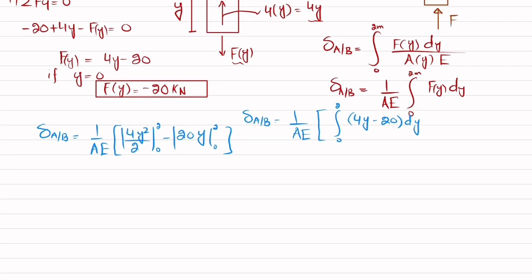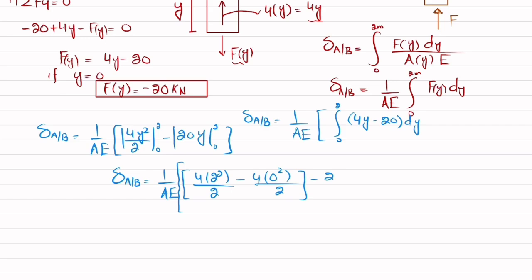Okay. So if you further simplify, the displacement of point A with respect to B will be equal to 1 over A into E, and if you put y as 2, you get 4 into 2 square divided by 2 minus 4 into 0 square divided by 2. Similarly, in the whole bracket, minus 20 into 2, minus 20 into 0.